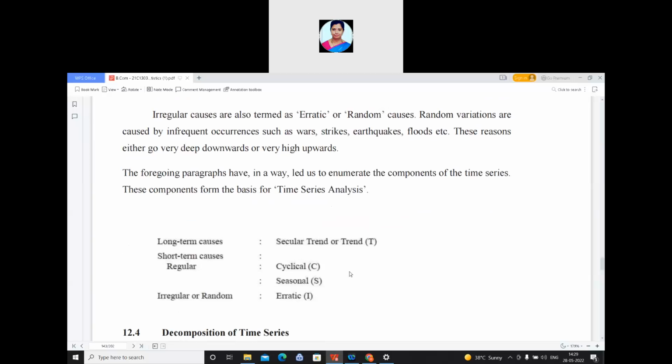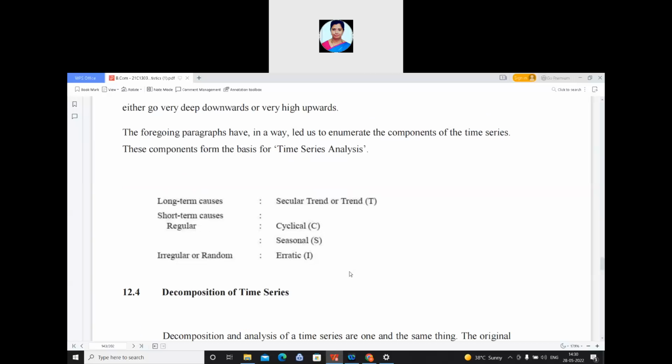Long-term causes give the secular trend or trend, and short-term causes give the cyclical variations, seasonal variations, and irregular, erratic variations. So these are the components: secular trend, seasonal variations, cyclical variations, and irregular variations. Now we will see the decomposition of time series.